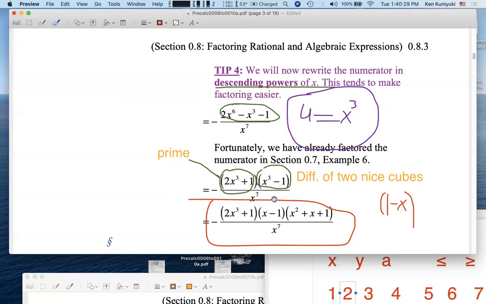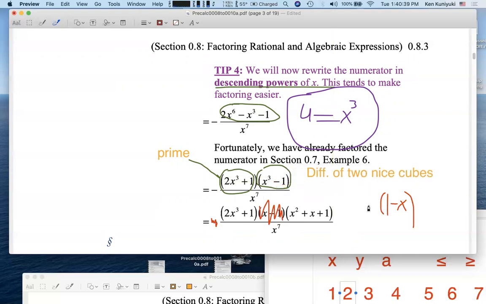So what you could do is eliminate the opposite sign and the x minus 1 factor and replace all that with this factor here, the factor 1 minus x. But you don't have to do that. This is perfectly okay.